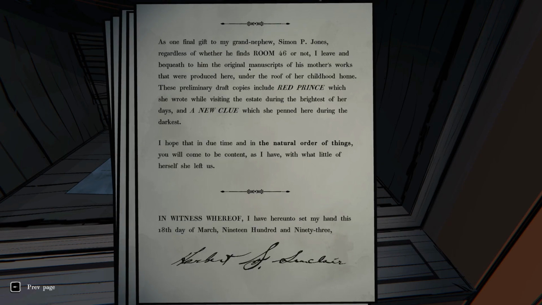That's interesting. Oh, the original manuscripts of Mary's work that were produced here are of a natural order. I wonder if the statues in the tomb will lead to those manuscripts.